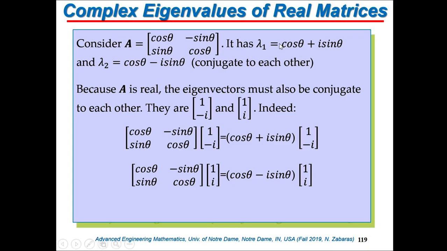Obviously, in this case, the magnitude of the lambdas is equal to 1. We have seen this in, I believe, the first lecture on eigenvalues. So for a rotation matrix, the magnitude of the eigenvalues is equal to 1. Okay, so that's a general statement that you can use from now on.